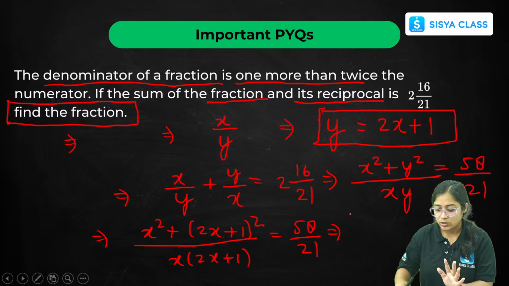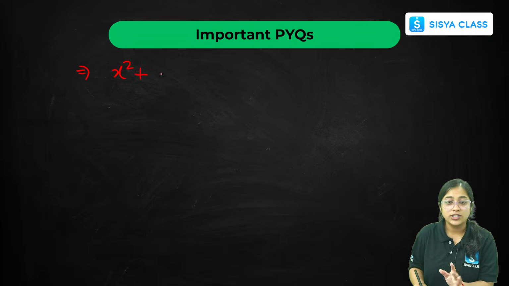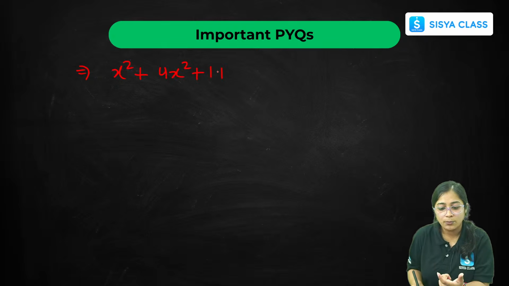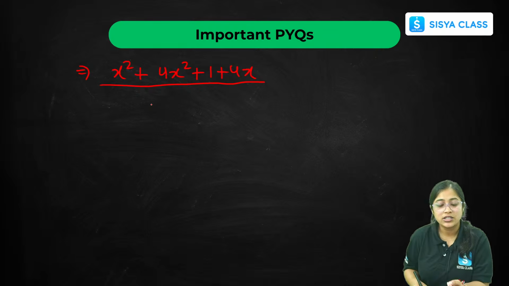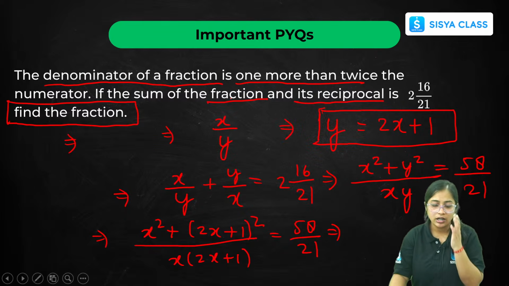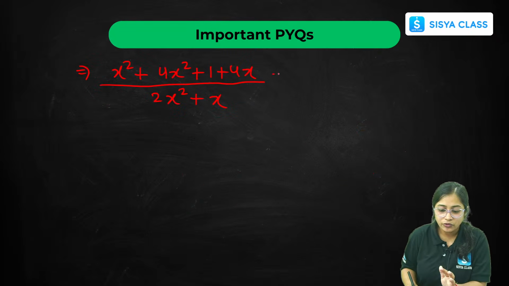You will get x square plus (2x plus 1) whole square, which is 4x square plus 1 plus 4x, and in the denominator x into (2x plus 1), that is 2x square plus x. This is equal to 58 upon 21.